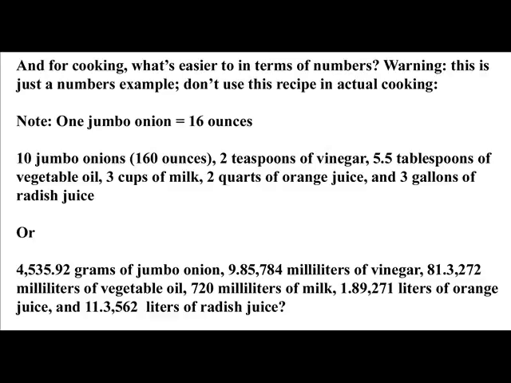Don't use this recipe in actual cooking. 10 jumbo onions, i.e. 160 ounces, 2 teaspoons of vinegar, 5.5 tablespoons of vegetable oil, 3 cups of milk, 2 quarts of orange juice, and 3 gallons of radish juice, or 4,535.92 grams of jumbo onion, 9.85784 milliliters of vinegar, 81.3272 milliliters of vegetable oil, 720 milliliters of milk, 1.89271 liters of orange juice, and 11.3562 liters of radish juice.